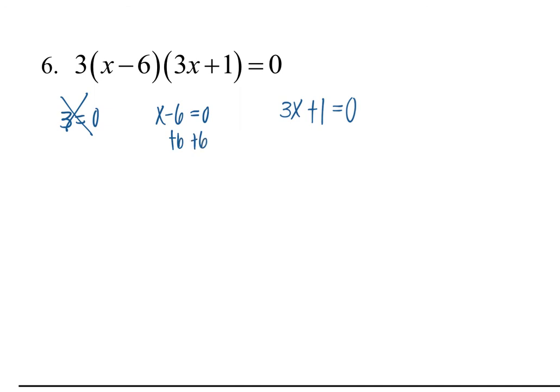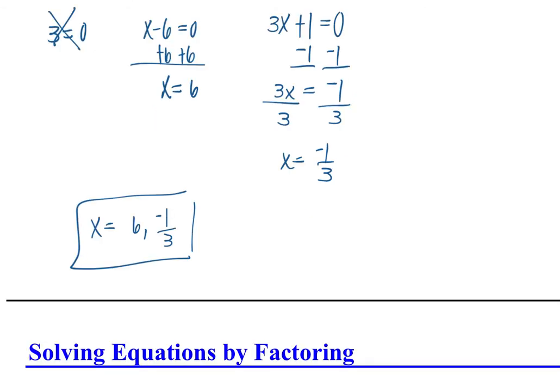Just add 6 to both sides. So x equals 6. And 3x plus 1: we move the 1 over, it becomes negative 1, and we divide by 3. So our two answers are x equals 6 and negative 1/3.